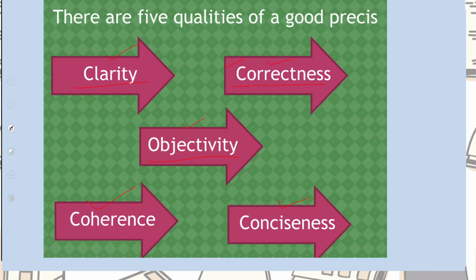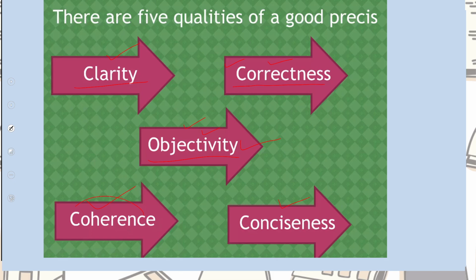Next is objectivity. Just like an objective summary, we are going to write our Pressy with objectivity, not including our opinions, interpretations, and biases. The Pressy should include facts and facts only, not your personal interpretation or explanation. So you have to keep it objective.